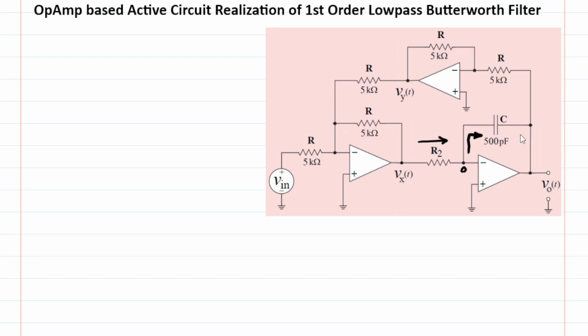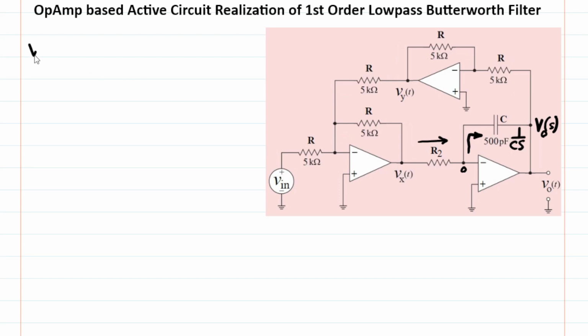And of course, we know that the impedance for the cap is 1 over Cs, and then the impedance for the resistor is R2, unknown. And the output voltage is Vout(s). That's what we know. Okay, so with that in mind, we can just write down a simple KCL here, and you can figure out the Vx as a function of Vout.